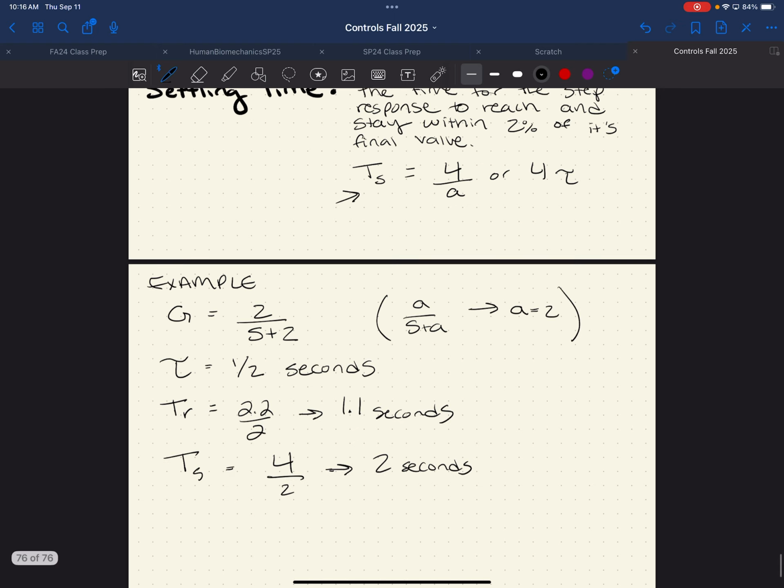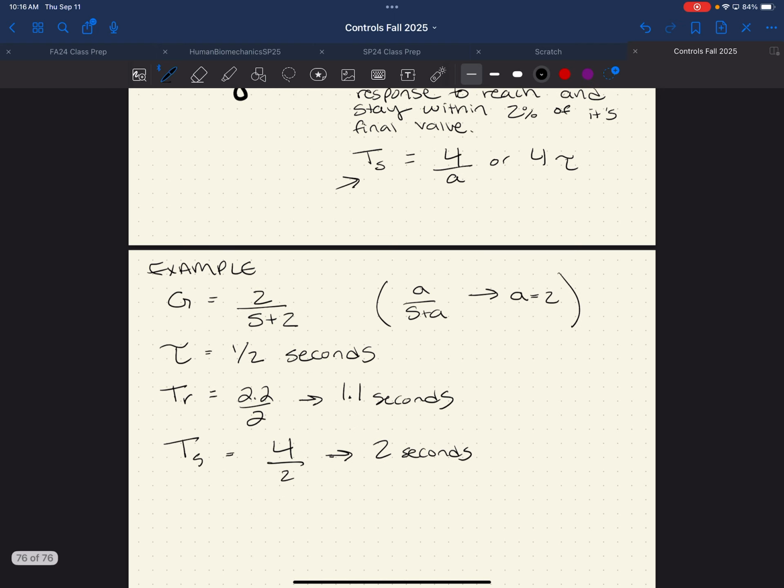What would happen if I multiplied by a constant? Would it change any of my time properties? No. What would it potentially change? The value that it settles at, right?